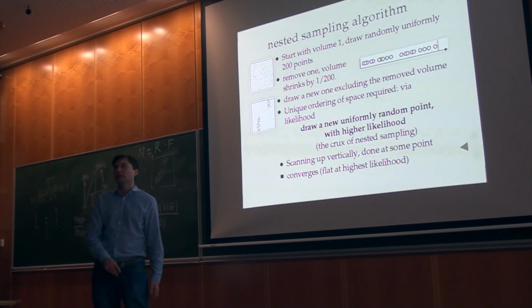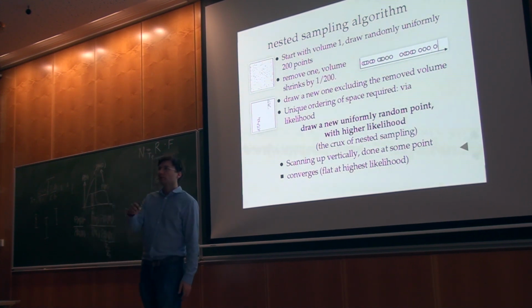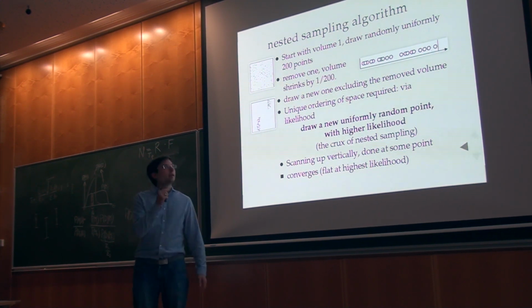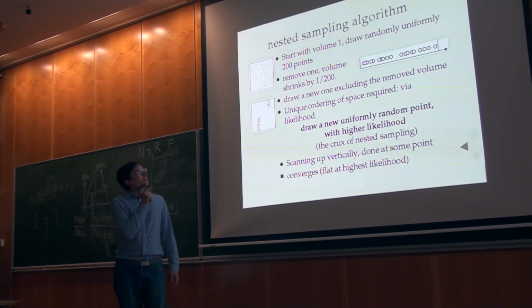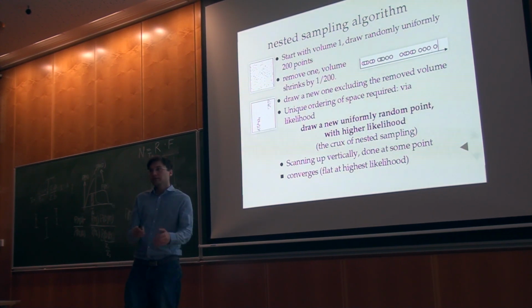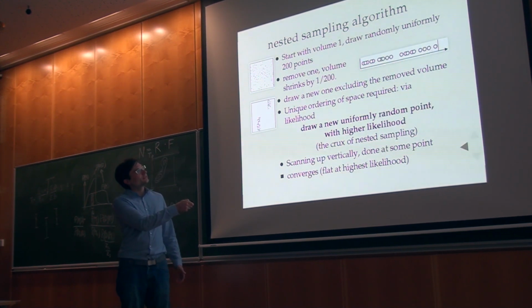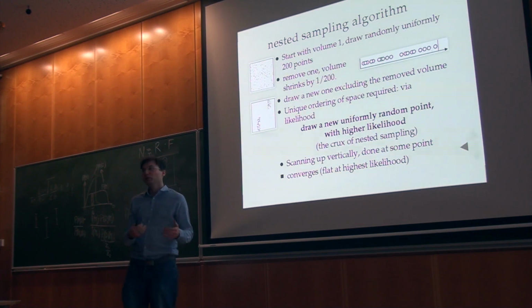You evaluate the likelihood. You find the one which fits the data worst, and you take it out. When you take it out, the idea is if you sorted all of your values, the volume you're looking at is suddenly 1 over 200 smaller.